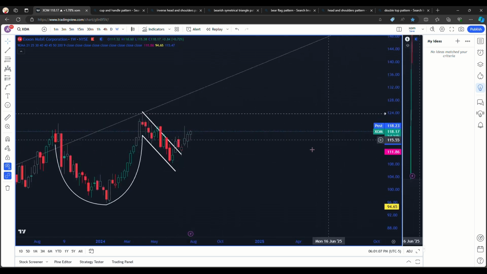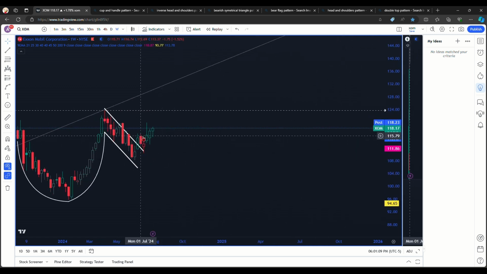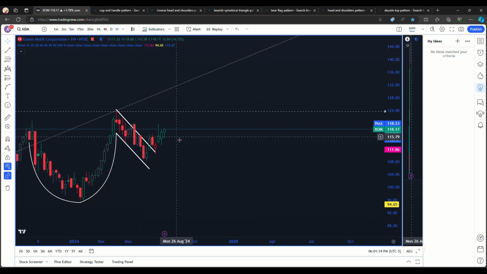So we have the initial break to the retest to then the bounce up, and now we're just letting this puppy ride out to eventually break our all-time highs of 123.76.